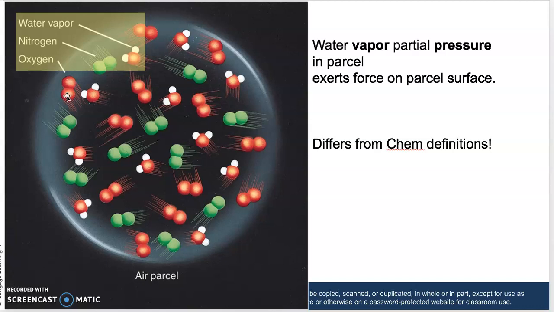It really exerts itself on the surface of the parcel. It expands the parcel. It loses all of its energy because it works so hard, and it starts to cool, and that is expansional cooling due to some of these partial pressures that are reacting to the temperature of the parcel.